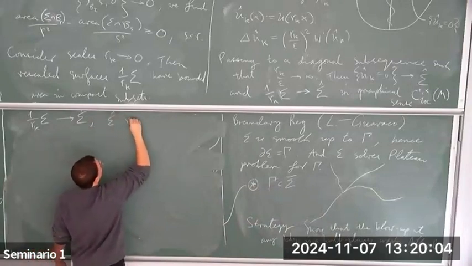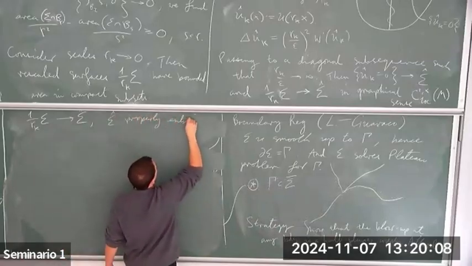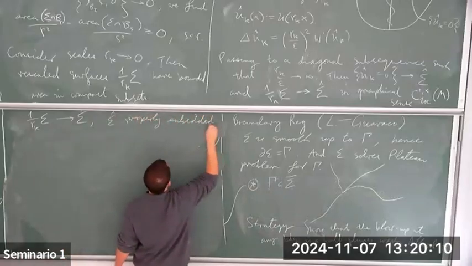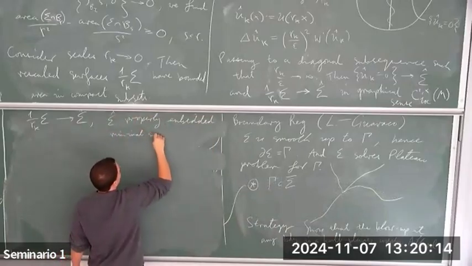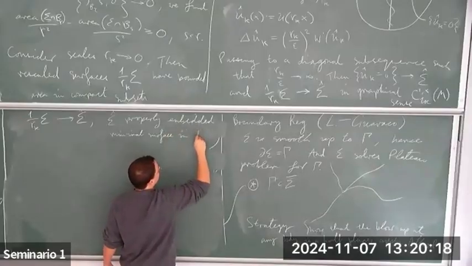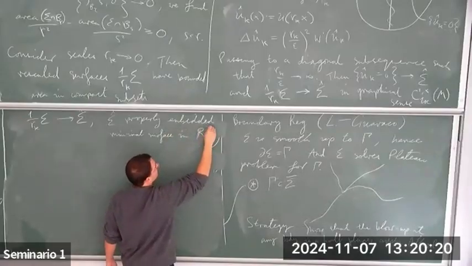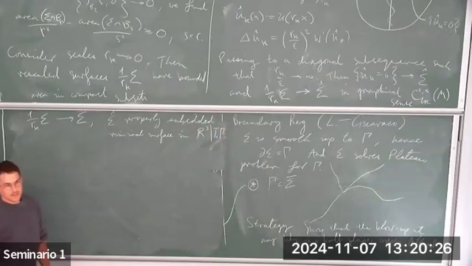It's going to be some properly embedded minimal surface. Now the exterior of the blow up gamma, which is just R3 minus the tangent space at the origin.